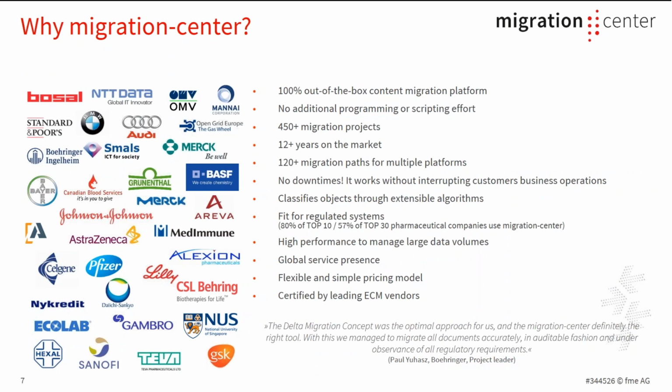We can migrate without interrupting your daily business operations, so your users can still work with the systems as usual, and you decide when to switch to the new platform. We also provide a transformation engine which allows you to classify objects through extensible algorithms or functions. You can combine functions to build new rules and create or manipulate metadata.